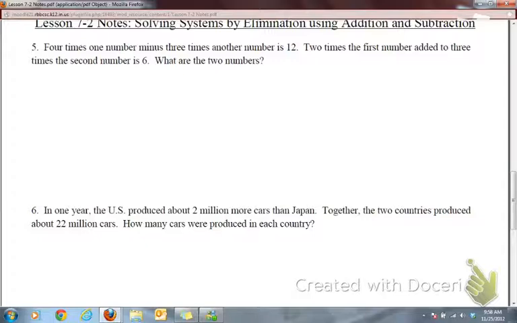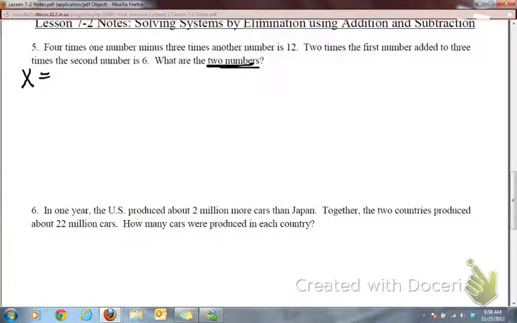Well, we know that with word problems we need to define our variables, write a system, solve it, and write our answer in a sentence. So for this one, it's just looking for the two numbers. This isn't technically a real world problem, but it is a word problem.